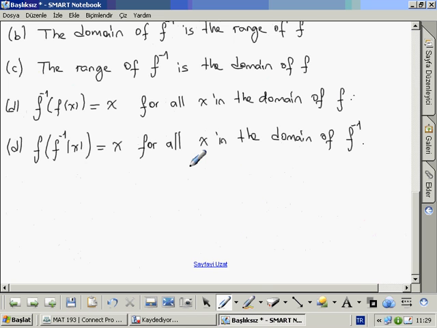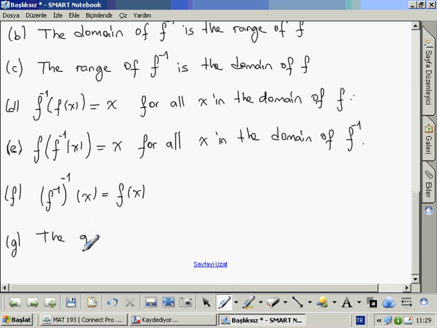And the next property: inverse of inverse f function equals f of x function.